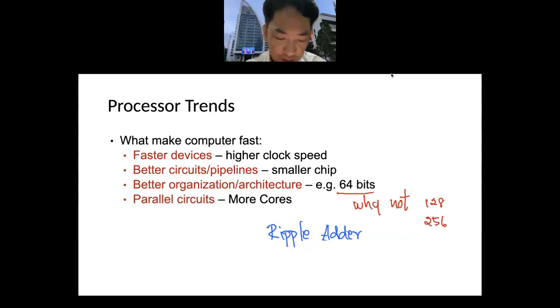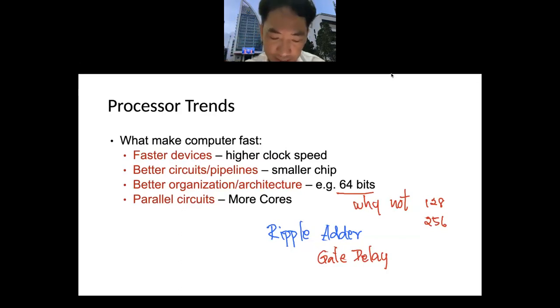We will see something we call gate delay. It means the time from when the circuit gets the input to when it can produce the correct output.